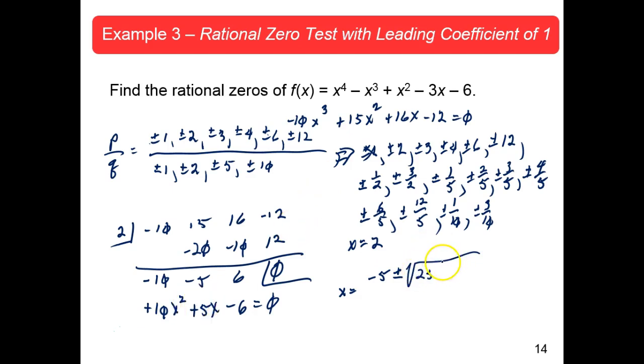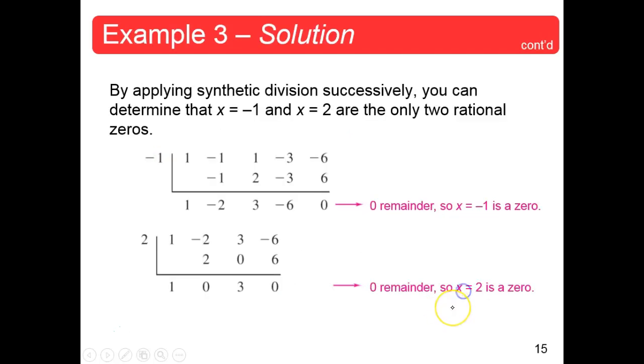I'm doing it fast because we're running out of time. Always minus 4 times ac, and ac here is 10 times a negative 6, so times 10 times a negative 6. And we're going to divide that by 2a, which is 2 times 10.